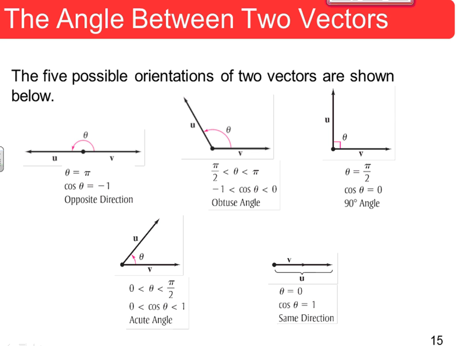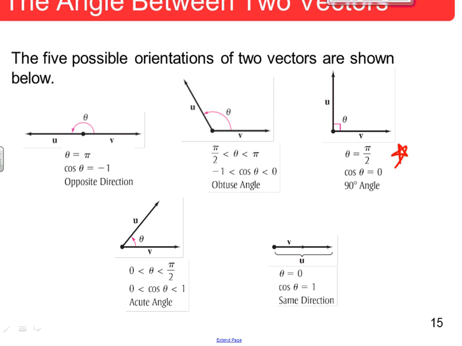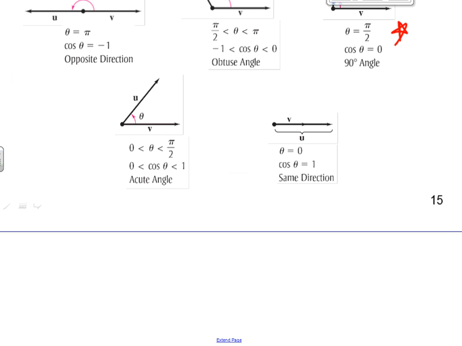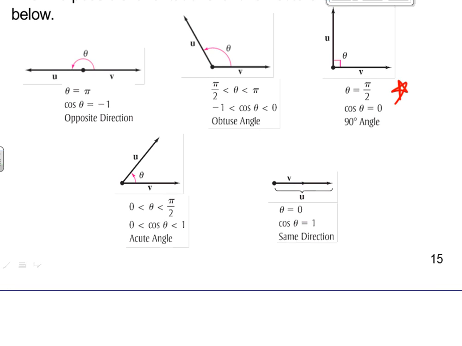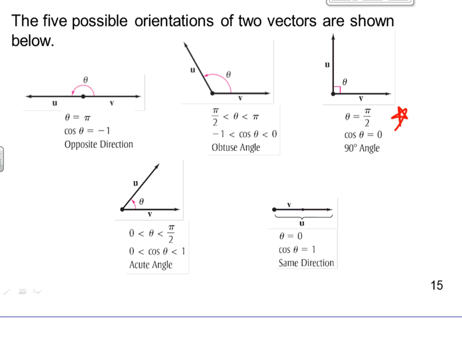We just talked about this one where the cosine of the angle is 0, so the angle is pi/2 or 90 degrees. We can have an angle between 0 and pi/2, and then our cosine is a positive between 0 and 1. And we can have vector v and vector u in the exact same direction, so our angle would be 0 and our cosine would be equal to 1. So those are the 5 ways these angles can be oriented.